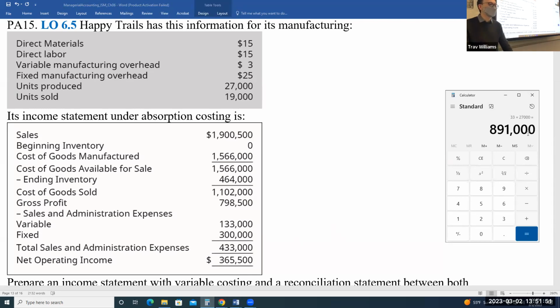So if our cost of production was $891,000 of variable costs, what do I do? I hear somebody say divide.